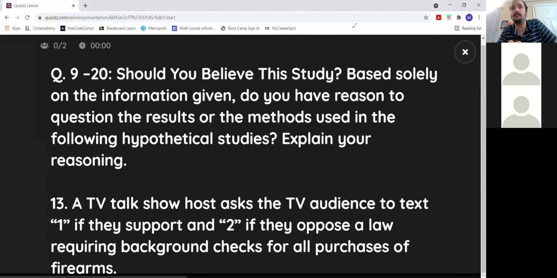Is it look for bias in the sample? Oh, yeah, that's absolutely what it is. So we have a TV talk show host, or if it's a TV talk show, and you're appealing to what? A TV audience. So this would be bias within the source, how you're getting your source.